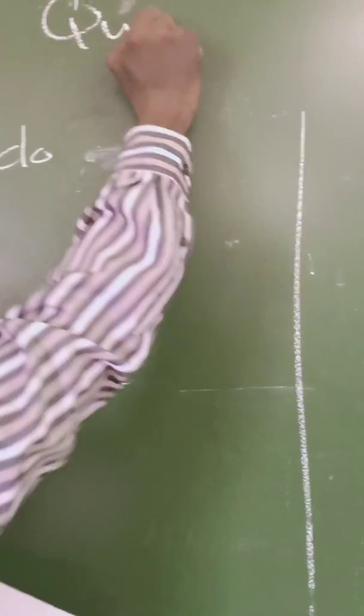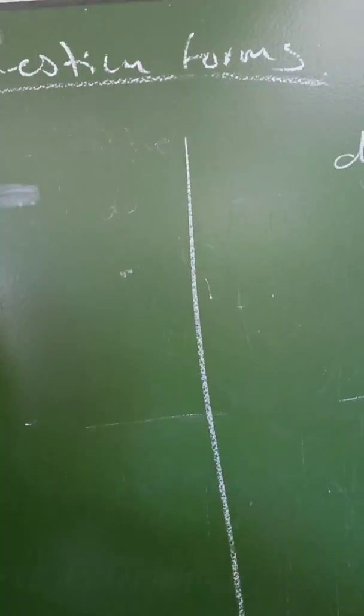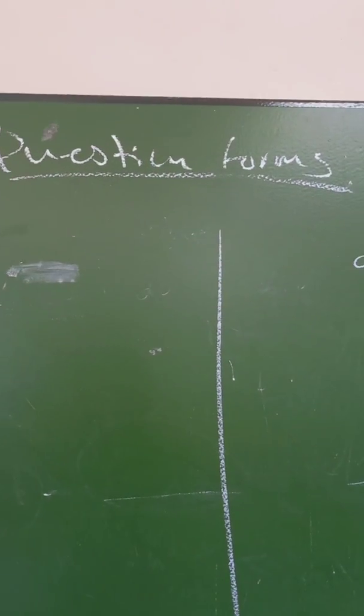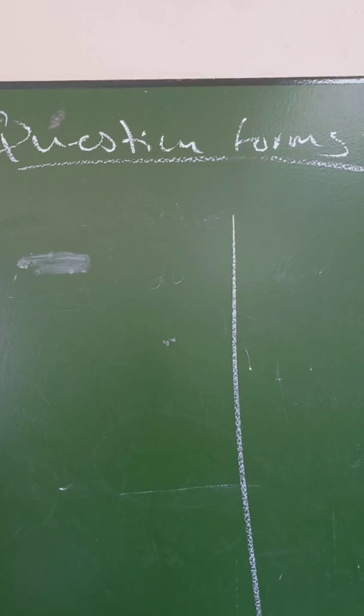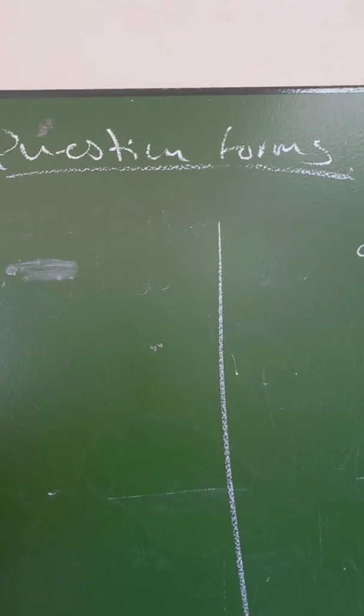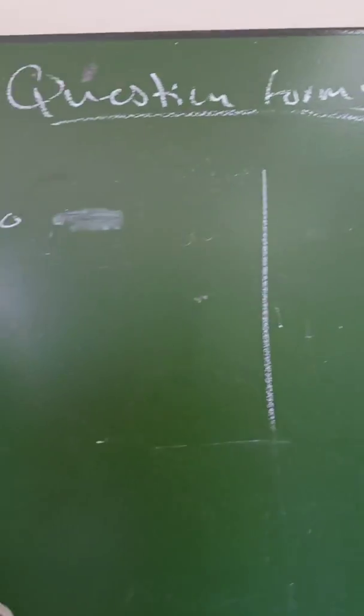So in this case, I'm looking at question forms. In other words, if you are given a sentence to change into a question form, you need to look at whether the sentence requires the use of do, the use of does, or the use of did.